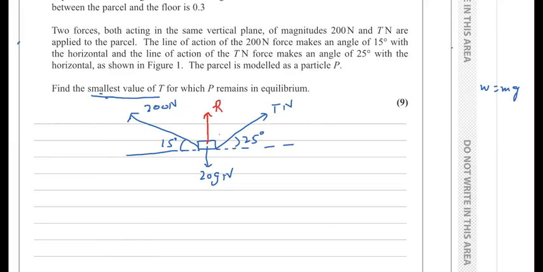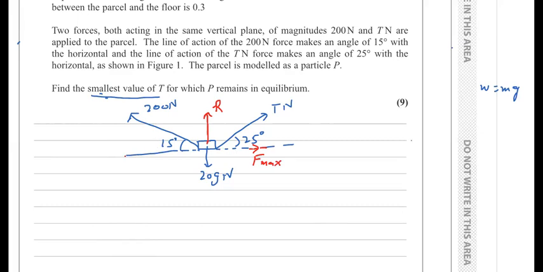Resolve these forces into horizontal and vertical components also. Now, first of all, look at the question. The question is saying find the smallest value of T. Now, the smallest value of T will be possible only if the maximum friction is in this direction. Let's say friction is F maximum, because if maximum friction is not in this direction, then T will not be smallest.